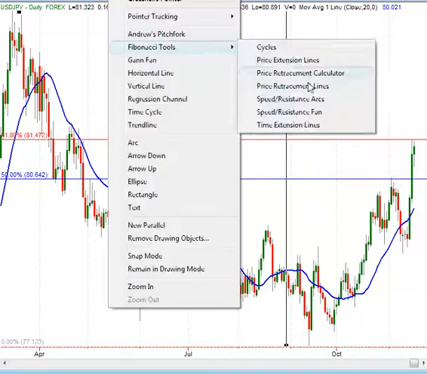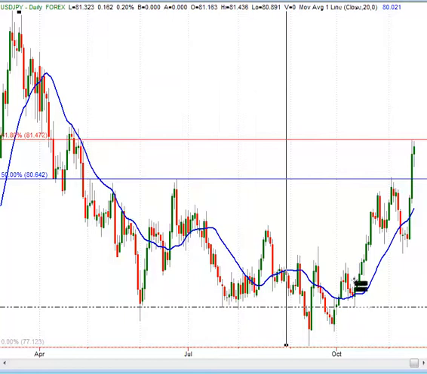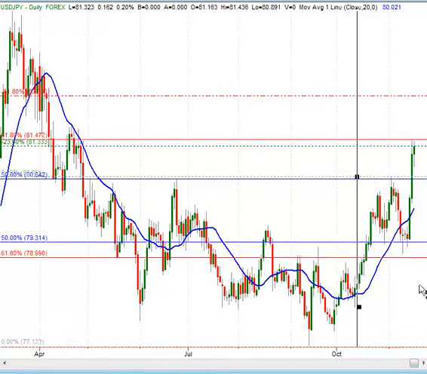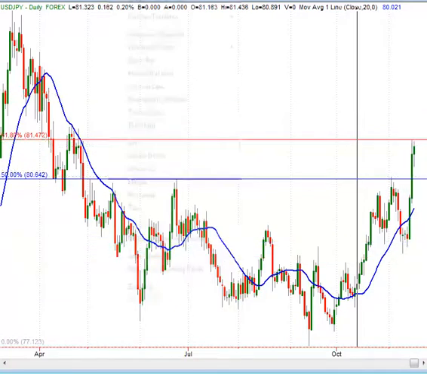So what the US dollar versus Japanese yen is trading was this measured move here, and probably it's this one.